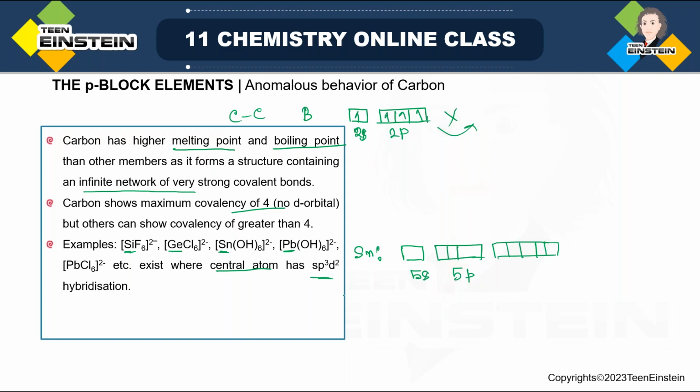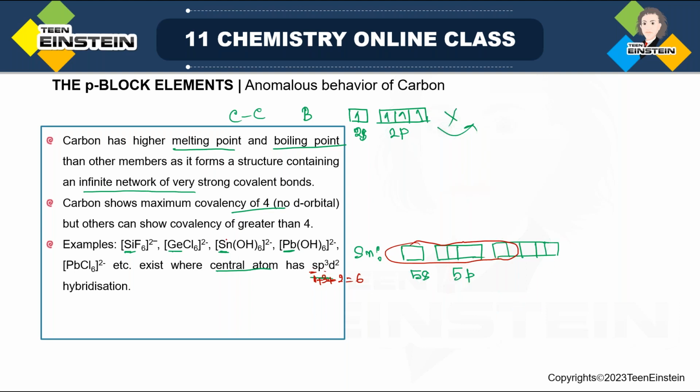As mentioned, the hybridization for each central atom is sp3d2. From these, if you consider 1s, 3p and 2d, that means total 6 coordination. So this type of hybridization is going on.